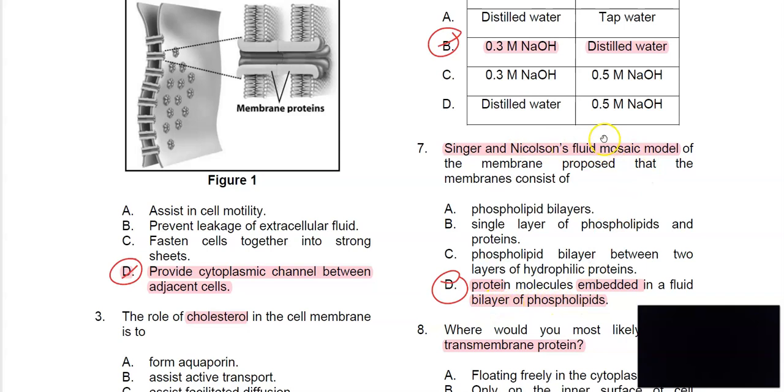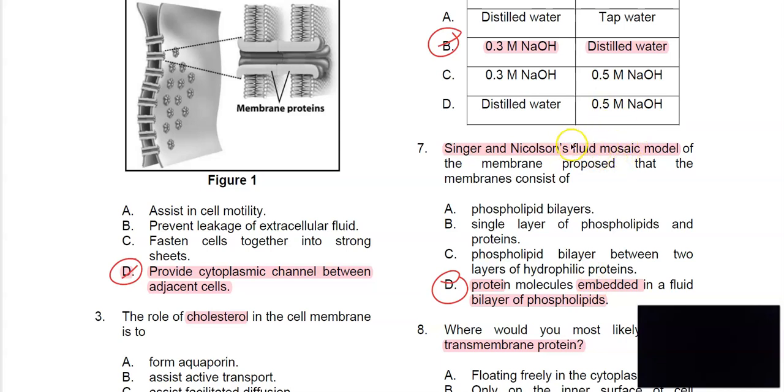This model is called the fluid mosaic model because the word mosaic refers to the presence of, for example, protein that are embedded in between the phospholipid molecules in the plasma membrane. That's why it has the term mosaic here.